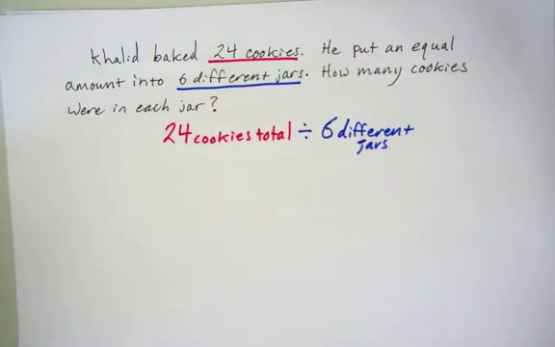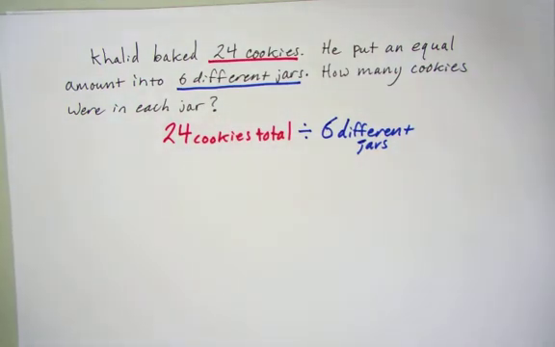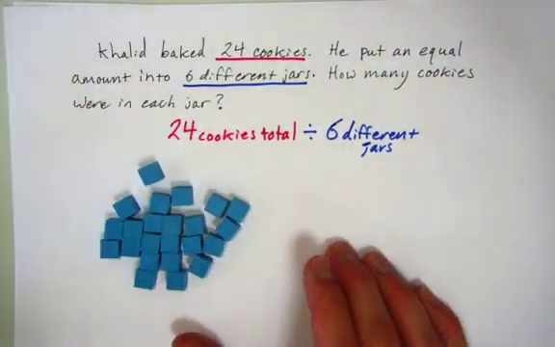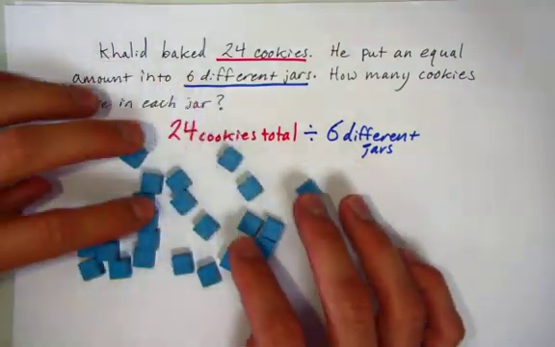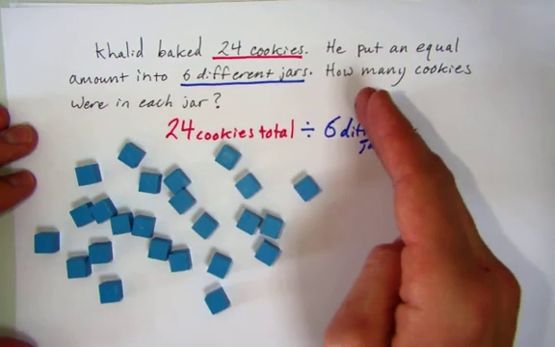Now let's use manipulatives to figure out how we can find our answer to this problem. How many cookies are in each jar? So I've actually already counted out 24 little units here. These are my cookies. They look very tasty. Now let's do exactly what the problem is saying.